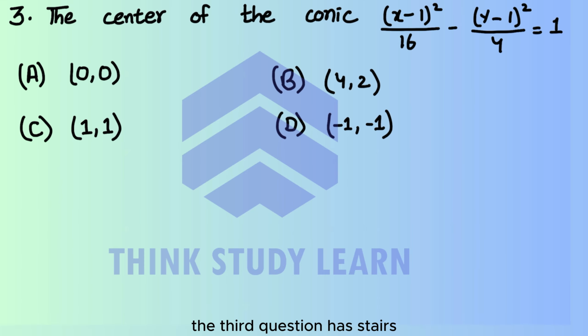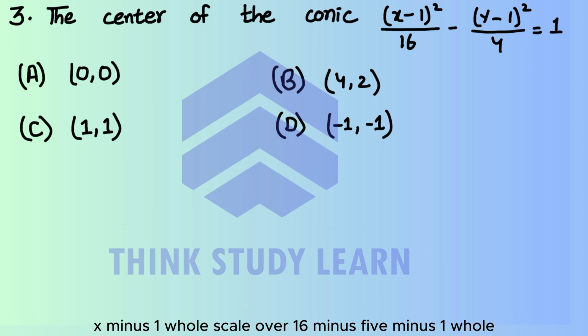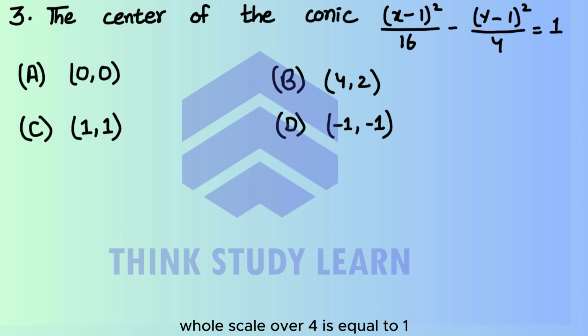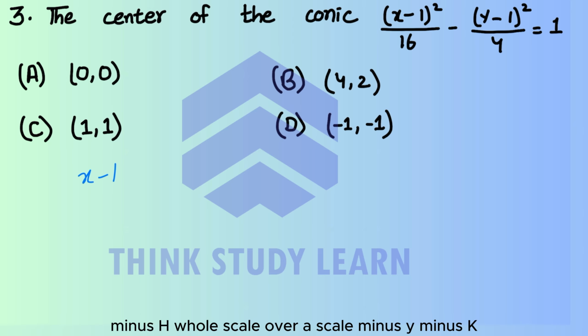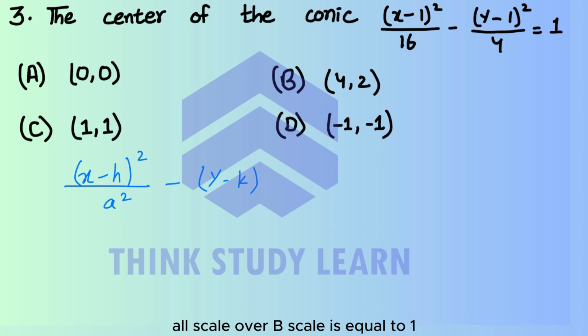The third question states: the center of the conic (x minus 1) whole square over 16 minus (y minus 1) whole square over 4 is equal to 1. So we have to find the center of the conic. We know that the formula is (x minus h) whole square over a square minus (y minus k) whole square over b square is equal to 1.